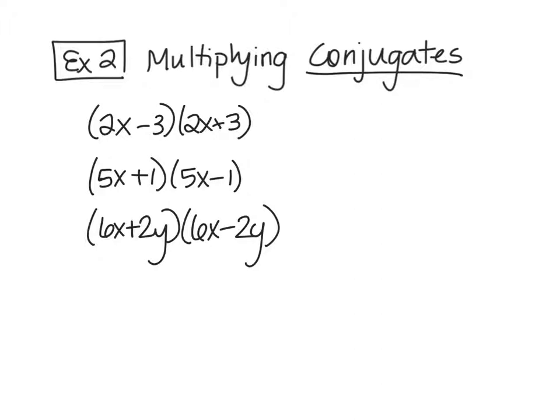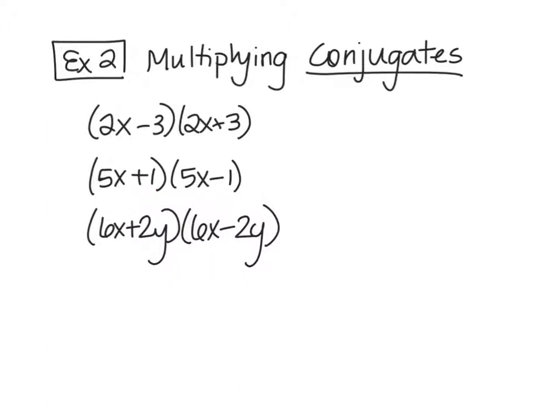I don't know if you're noticing any patterns here, but both of these terms or binomials are very similar, with the exception that one's negative and one's positive. The first term in each is exactly the same, and the second term is the same except that they're opposite signs.